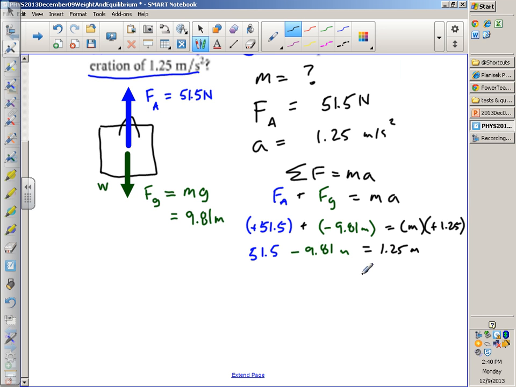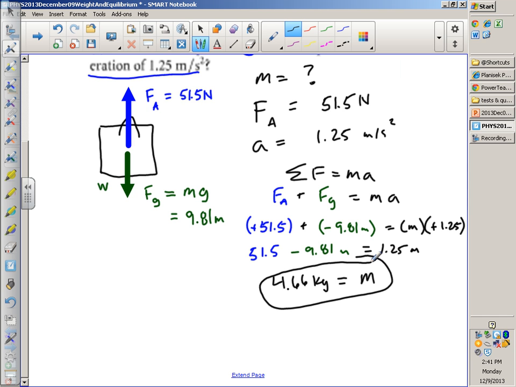And when you plug that all in, mass, I think it should come out as 4.66.